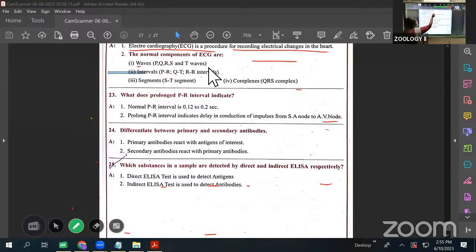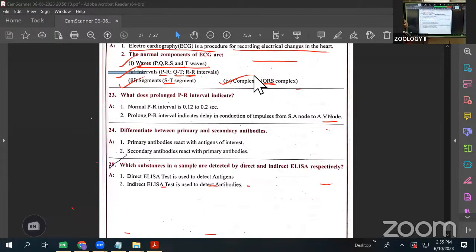The waves are P, Q, R, S, T. The intervals are PR, QT and RR. The segment is the ST segment, and the complex is the QRS complex.